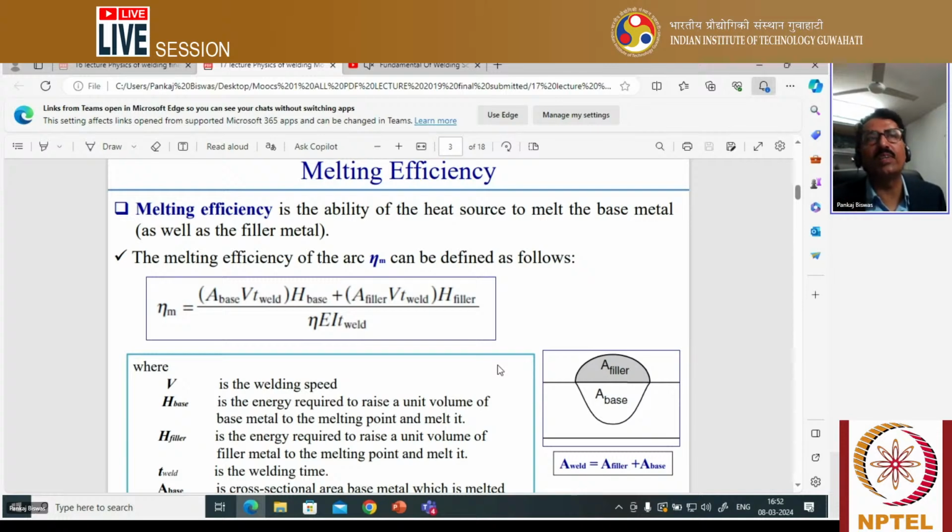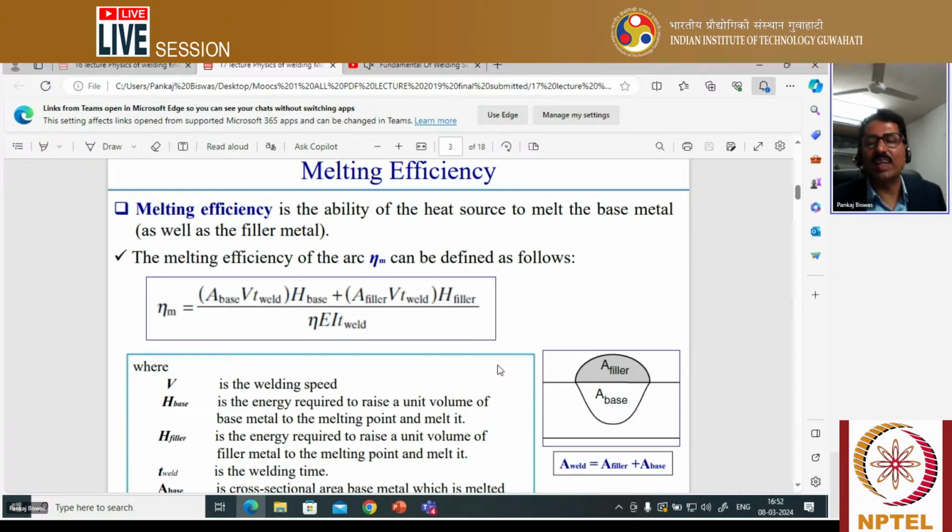Your heat requirement is only to raise the temperature to 1400 degrees centigrade, but the heat you are supplying to the workpiece raises the temperature much higher, that means to 2500 degrees. That means you are supplying around 1000 degrees more, such a high heat.